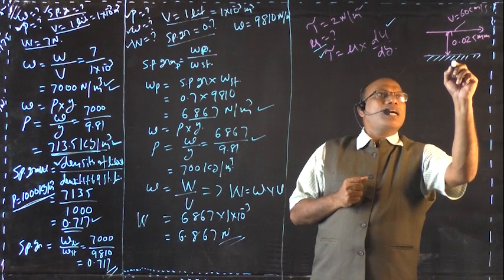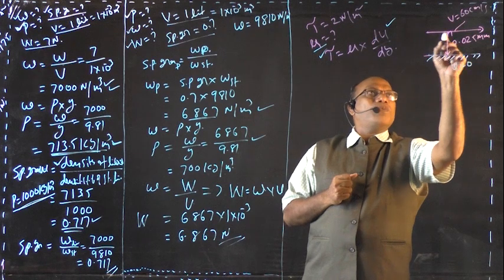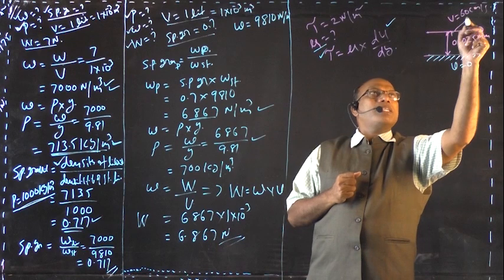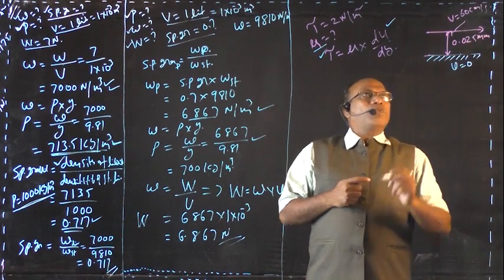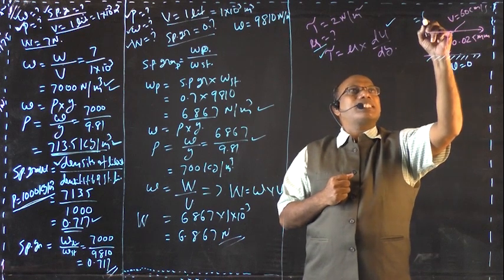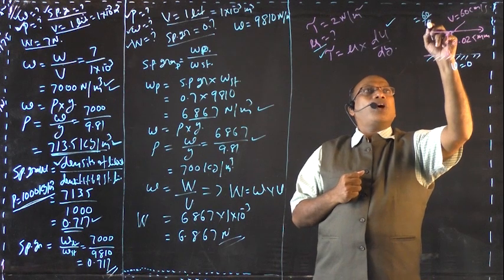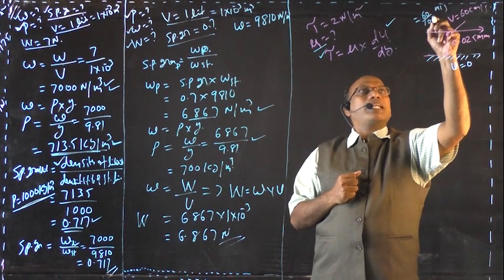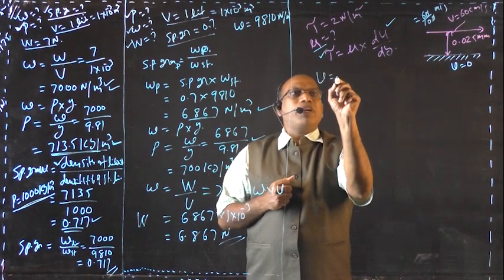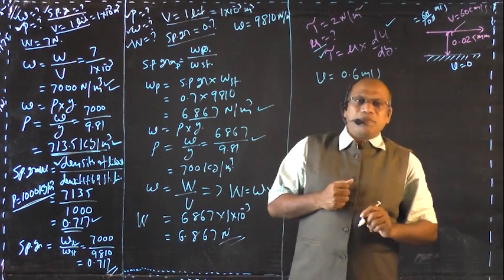The velocity of the plate at a distance of 0.025 mm from the fixed plate is 60 centimeter per second. First, convert this velocity into meter per second: 60 divided by 100, the zeros cancel. Therefore the velocity of the plate is 0.6 meter per second.